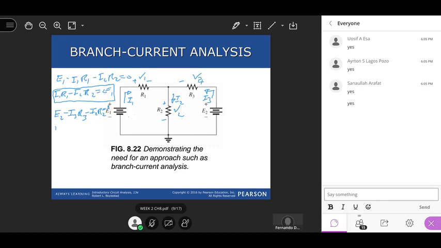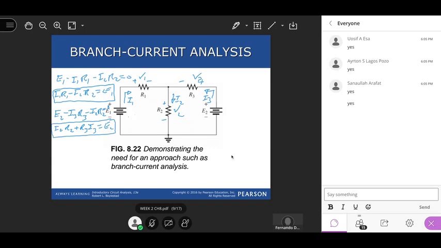So that's going to be equal to I2 times R2 plus, I'm sorry, I3 times R3 equal to E2. And that's my equation number 2.